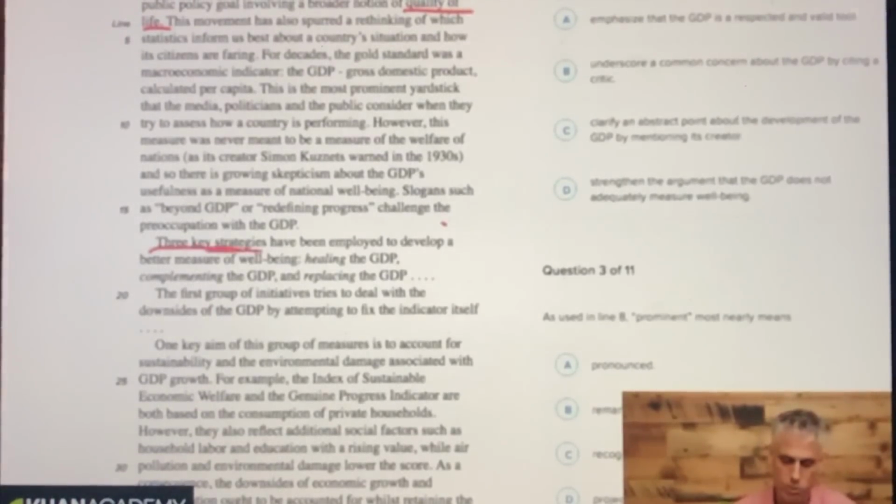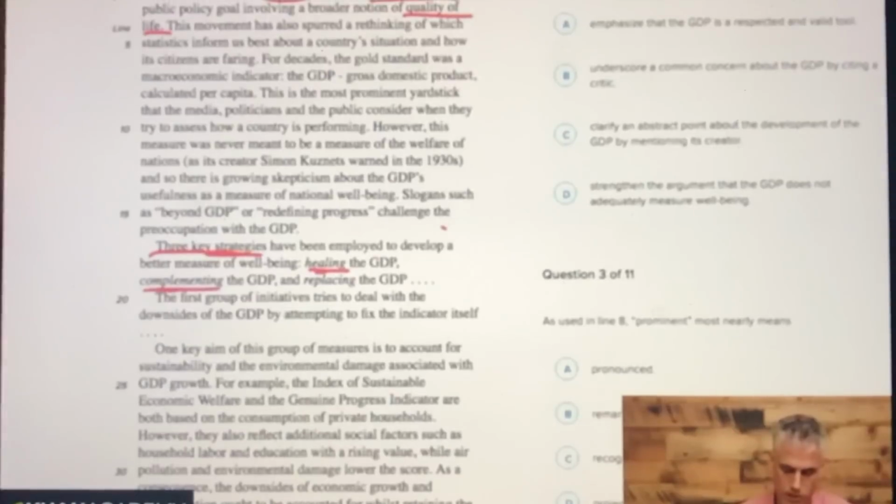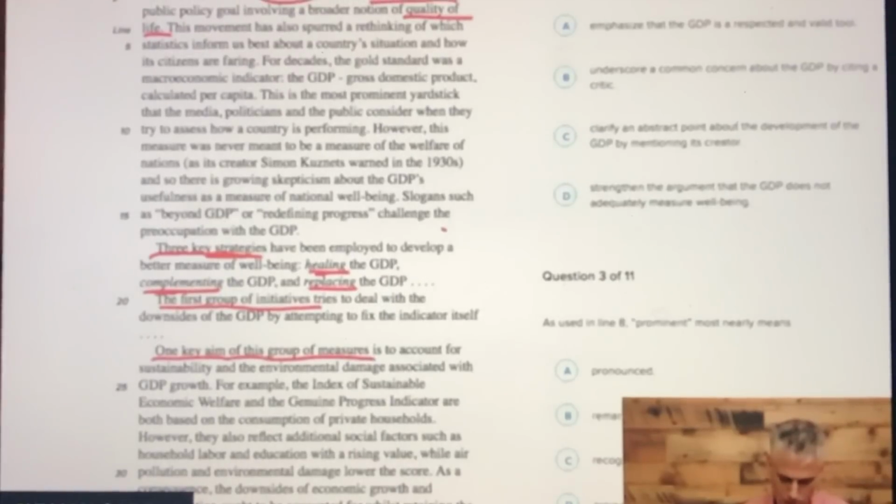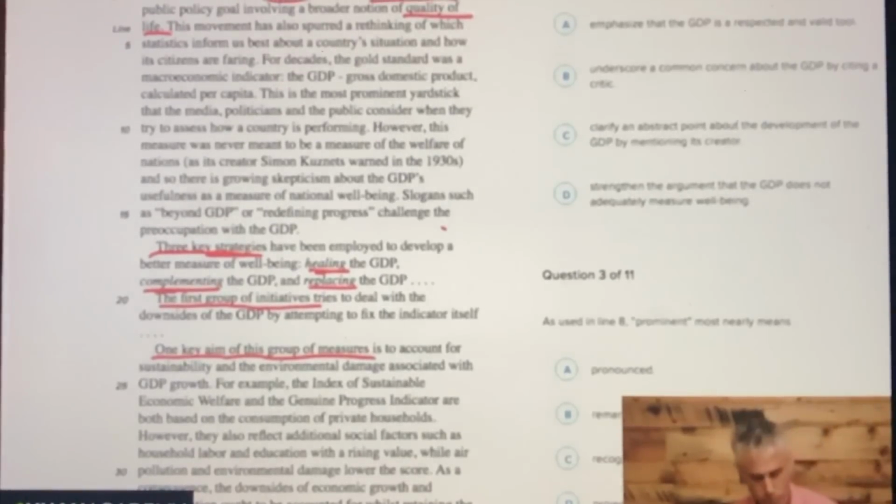Three key strategies have been employed. We have healing, complementing, replacing. This one is about the first group of initiatives. One key aim of this group of measures. Okay, and that's a quick scan, and then I'm going to look at a couple of the questions in this set. We have a reference to a guy named Simon Kuznets. Okay, that's a memorable name.